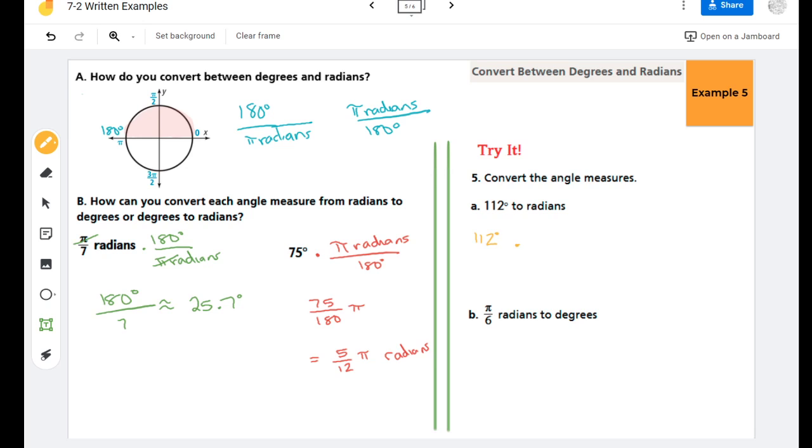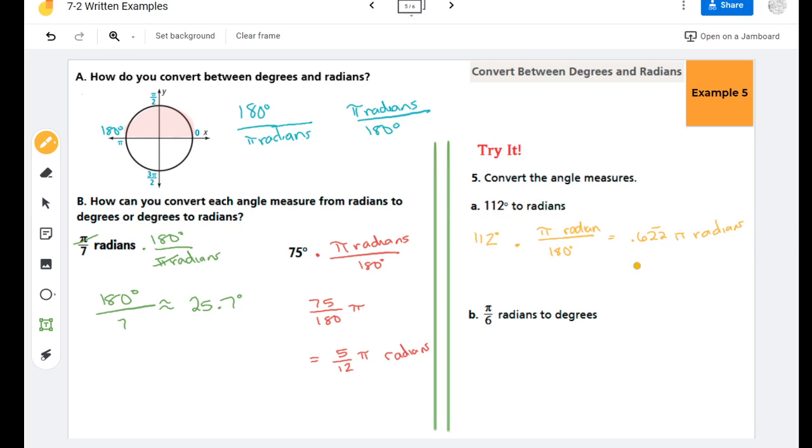So I have a degree measurement, so I'm going to multiply it by the one that has the radians on the top. So times pi radians over 180 degrees. And so if I do 112 divided by 180, I get 0.6222222 pi radians.